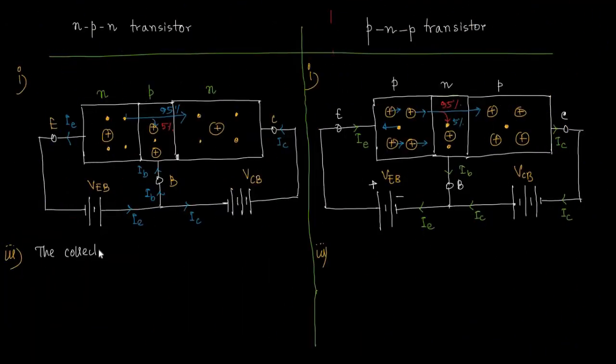On the left hand side, the n-type collector is reverse biased with respect to the p-type base.